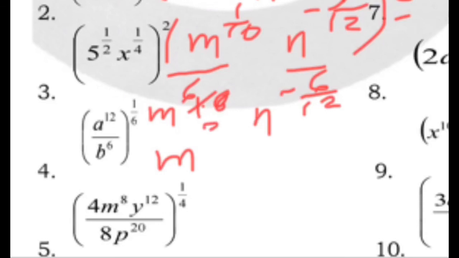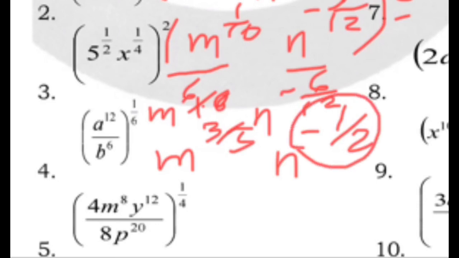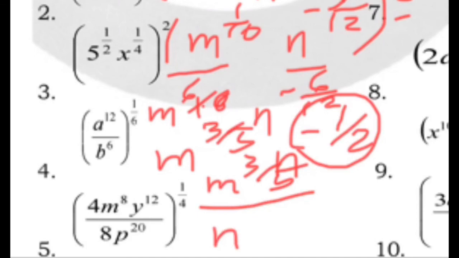So this is 3/5 times n to the power of, then this is divisible by 6. So negative 6 over 12, simplifying that one, will be negative 1 half. Then since this is a negative exponent, we'll just put this one in the denominator. So our answer should be m to the power of 3/5 over n to the power of 1 half.